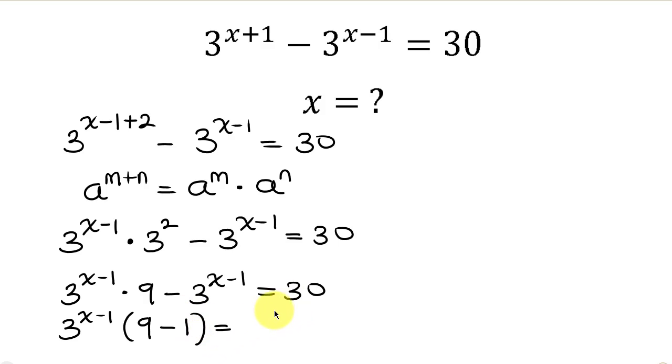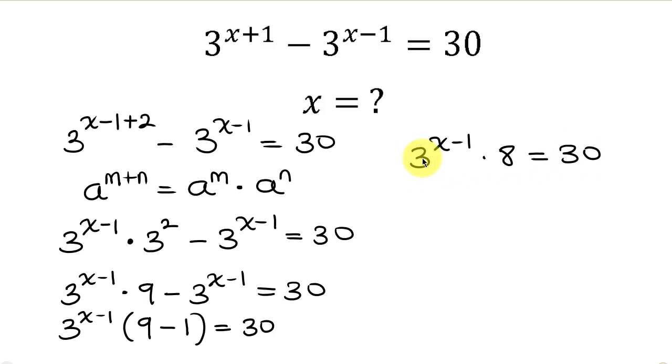And this is equal to 30. And now simplifying further, we have 3 to the x minus 1 times, this is 9 minus 1, that is 8. Let me remove this parenthesis. So I'm going to be putting times 8 here, and this is equal to 30.